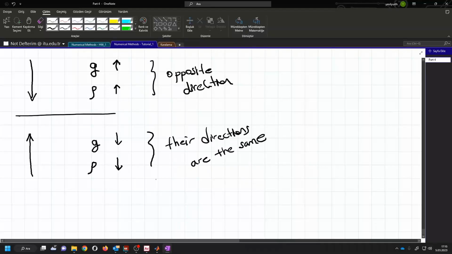So I can understand from here, especially for high altitudes, during upward motion, using constant G and rho will falsify my solution, right?